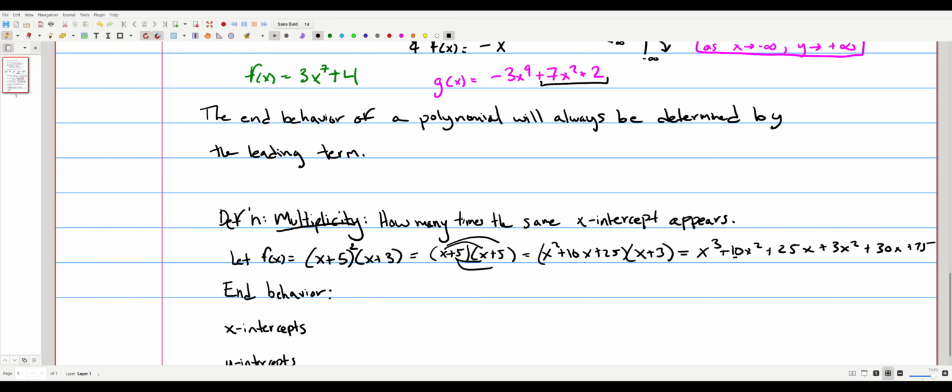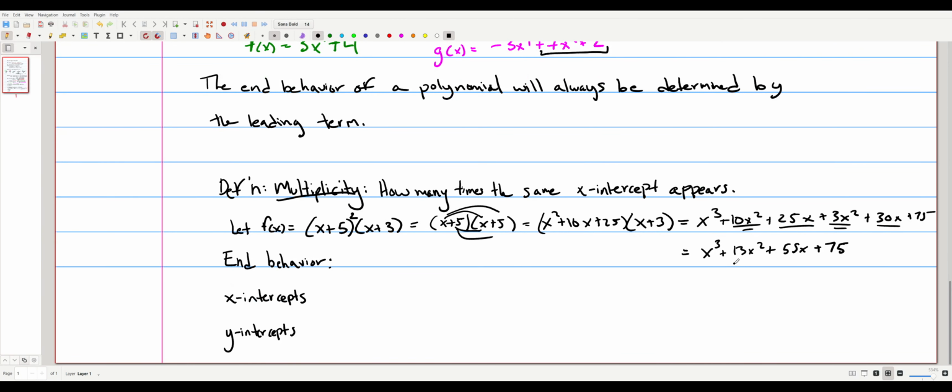And now I can combine my like terms and add them together. So my function in expanded form will be x cubed plus 13x squared plus 55x plus 75. And hopefully you can see that even though I've expanded this, if we have an x squared, we know we're going to have these 2 x's being multiplied to get that x squared, and then these 2 x's will eventually FOIL and multiply times this x.